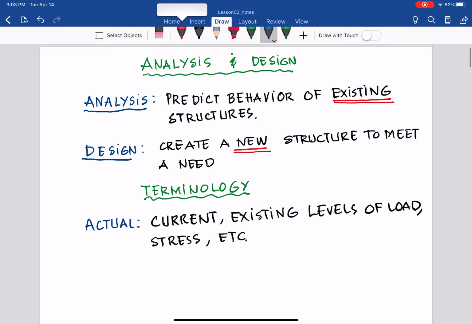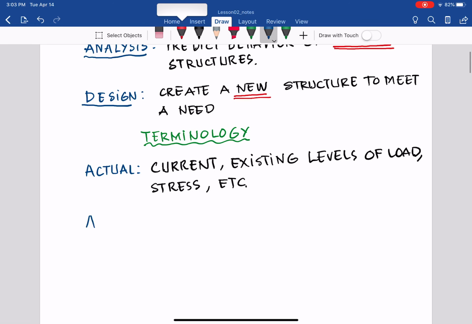The second terminology is called allowable. You already watched worksheet 2A0, where they also give you the maximum allowable tensile stress of 75 ksi.